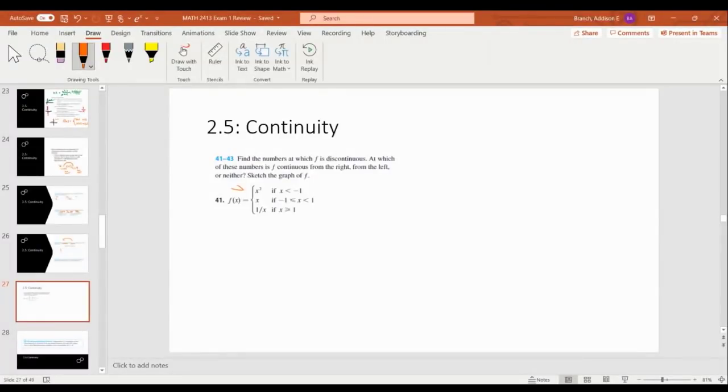This interval falls within our domain. This interval, x squared, has an infinite domain, so that one's good. x has an infinite domain, so that one's good. 1 over x does not exist at 0, but that's not within our interval, so we're okay. So we've got that first check.